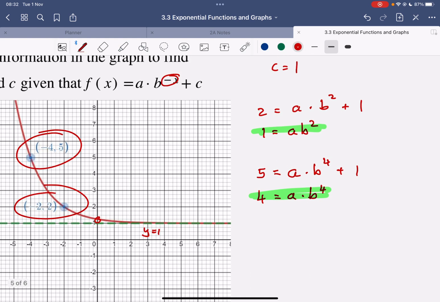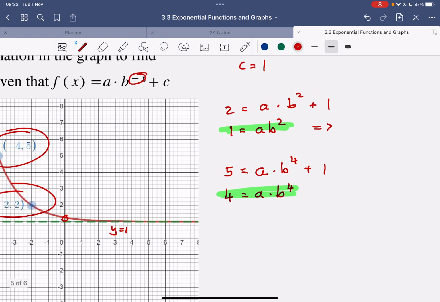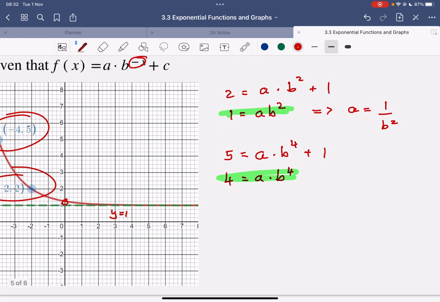So let's go back up to that first equation and let's make that A is equal to 1 divided by B squared. Let's substitute that in to the next one. So now we're going to go 4. Now let's not use A, let's use 1 over B squared instead of A. So we're replacing that A with that, and then times it by B to the power of 4.